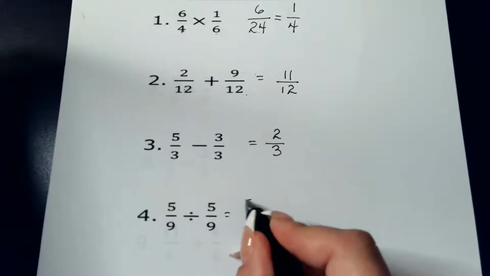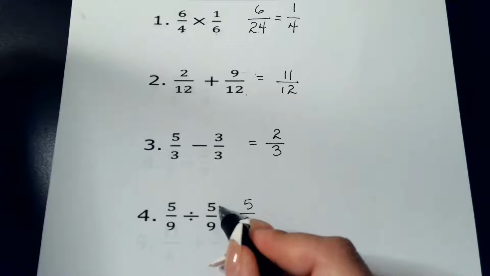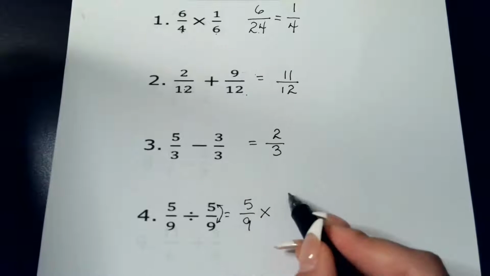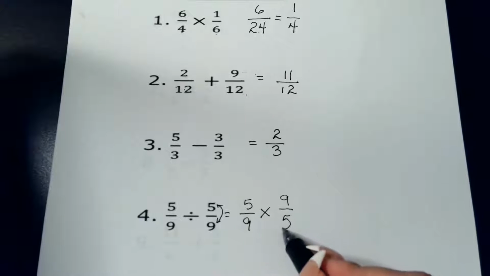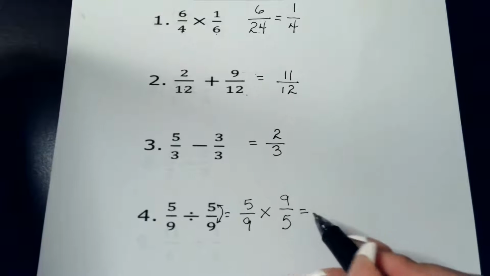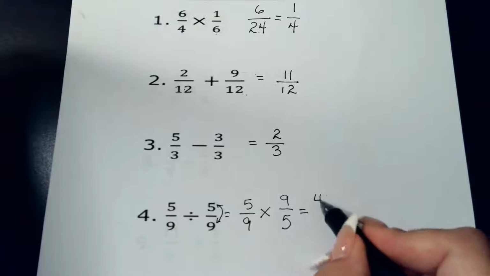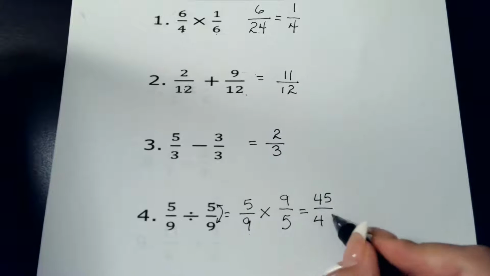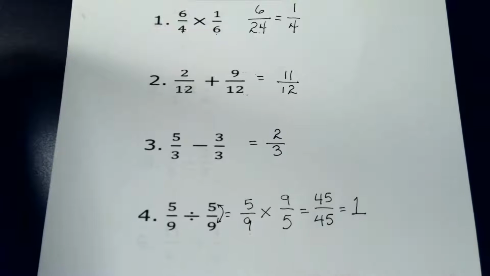So we take the reciprocal, which just means that we flip it, and now it is a multiplication problem, no longer division, and it is 9 over 5. So 5 times 9 is 45, and 9 times 5 is 45. So the answer to this one is 1.